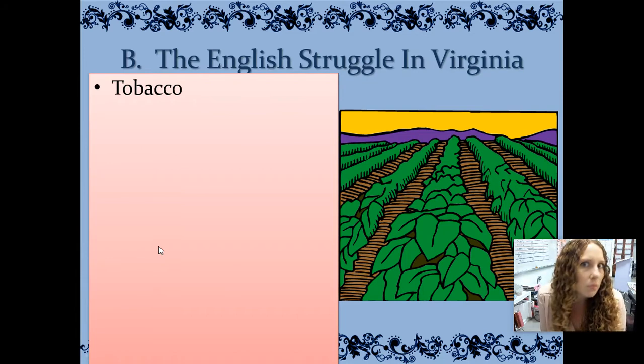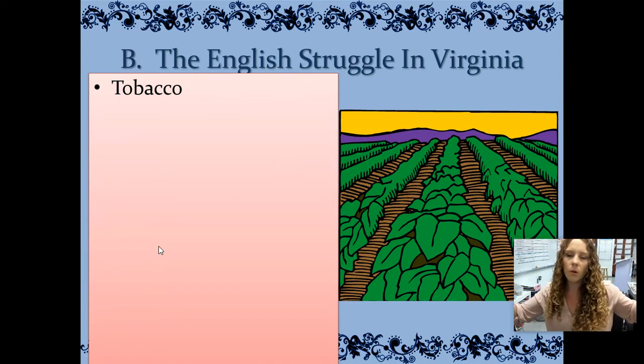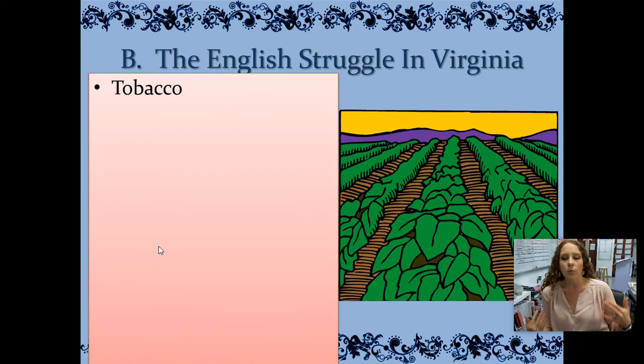And this is when it explodes, and we get tobacco plantations sprouting up all over Virginia and then expanding into what will eventually be Maryland and the Carolinas and places like that. So really, it's tobacco that saves it and becomes profitable. And this is where some people will start to amass great amounts of wealth, off of tobacco production.